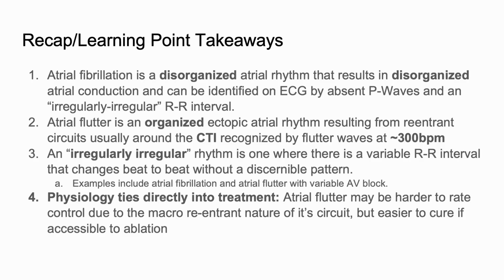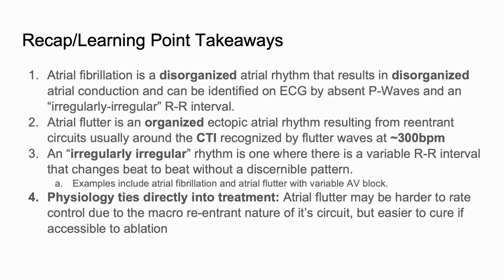So our key learning points and takeaways from this lesson here are as follows. Atrial fibrillation is a disorganized atrial rhythm that results in disorganized atrial conduction and can be identified on EKG by absent P waves and an irregularly irregular RR interval.